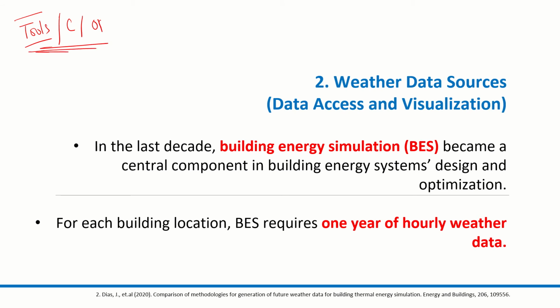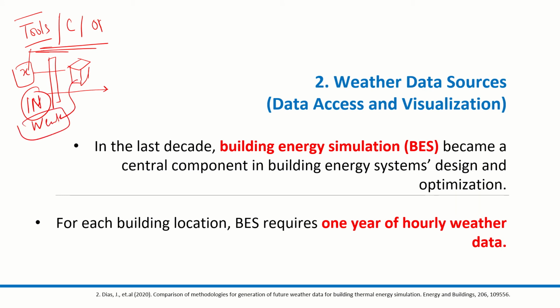Now the second thing is, we have identified one tool, and we need to do a model and generate some analysis with it. In order to do this, we need input data. That input data primarily is weather data, so that we understand how this building interacts with the environment.